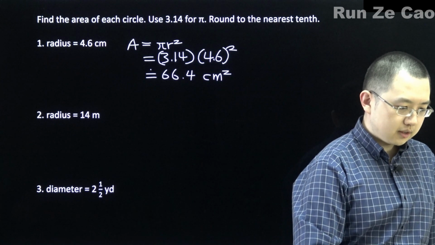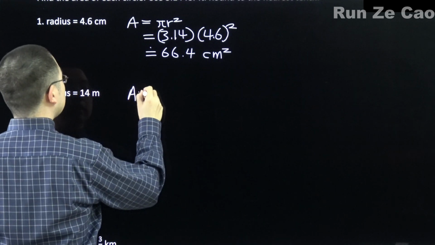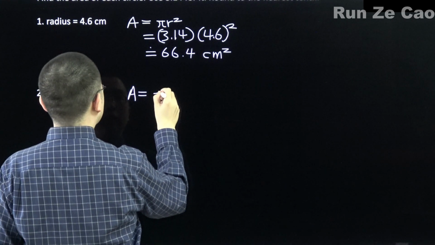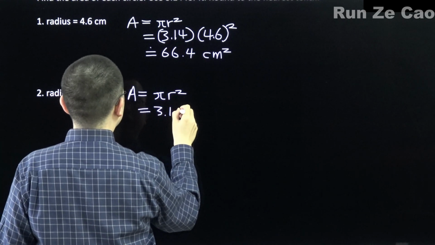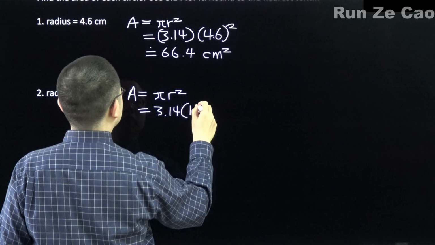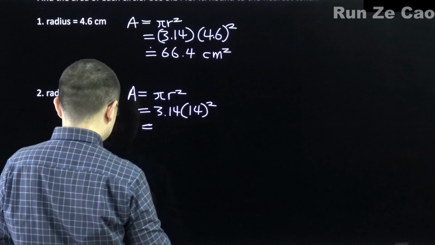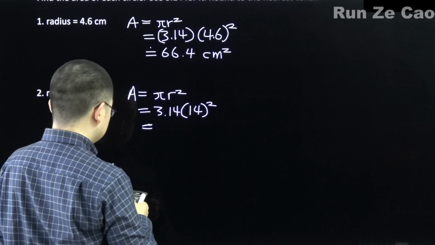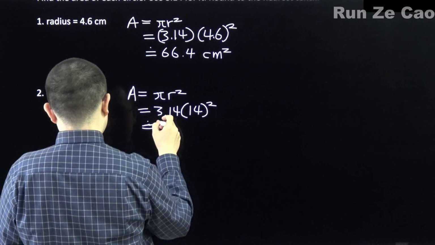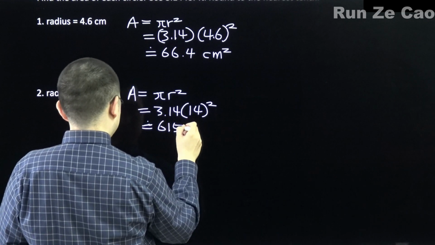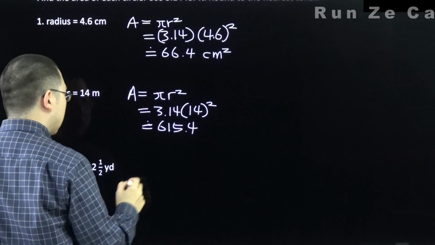Radius 14 meters. Area equals pi r squared. 3.14 times 14 squared. So, 14 squared times 3.14. This is approximately 615.4. Diameter equals 2.5 yards.